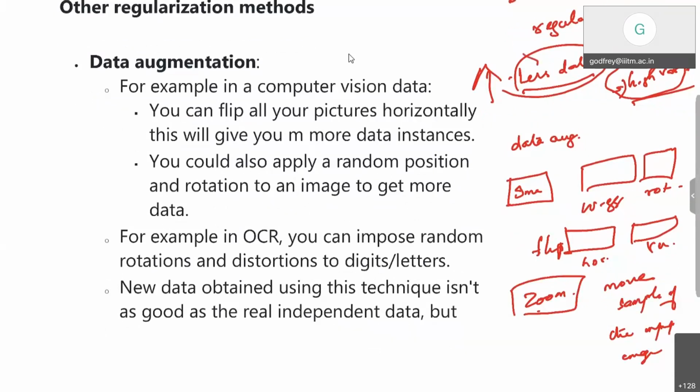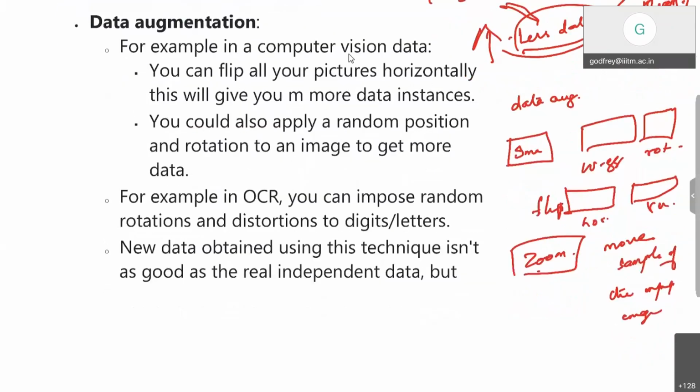It means that eventually you are increasing the data size. This is also true with respect to the OCR, optical character recognition, data set. Here also you can create rotations and distortions.